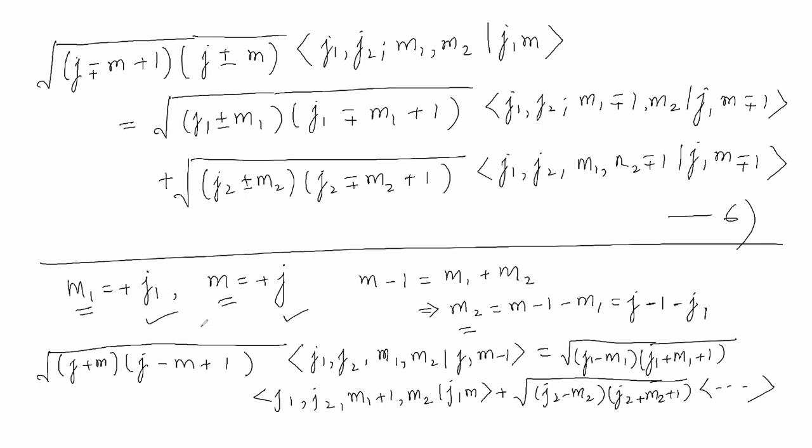Now you put the value of M as J. Therefore, you notice that J minus J will cancel out. You will have square root 2J, J1, J2, plus J1 for M1, plus J1 for M2, plus J minus 1 minus J1.